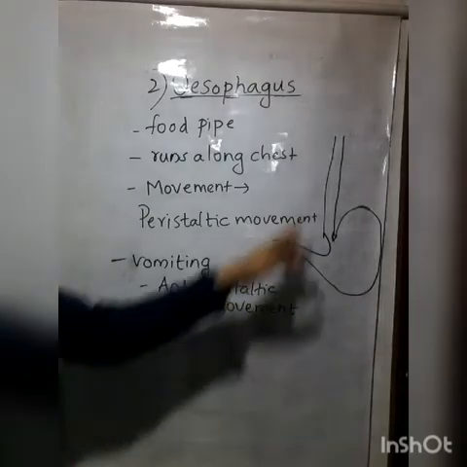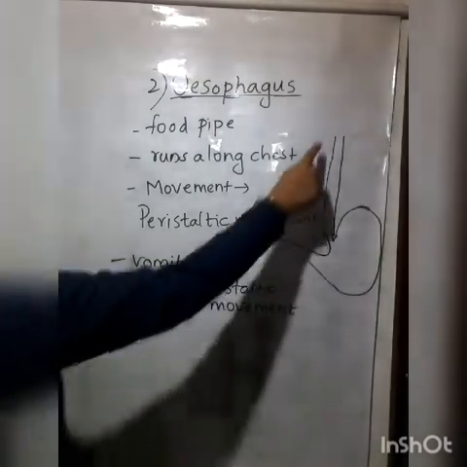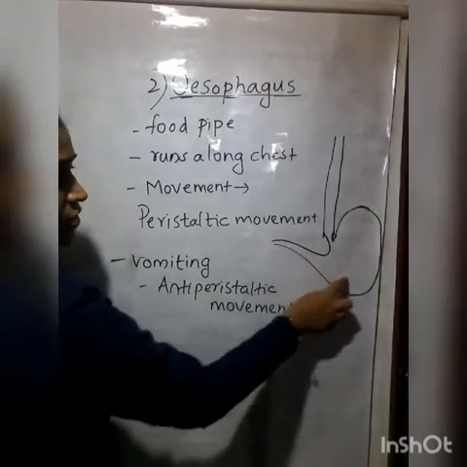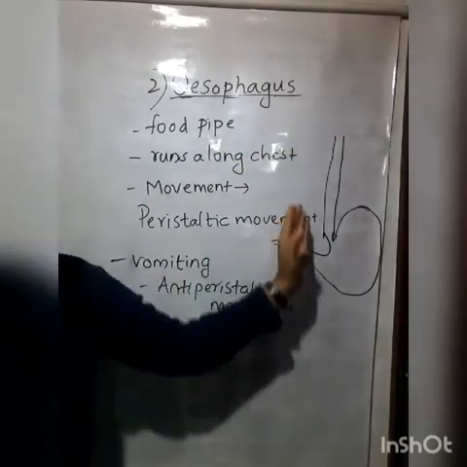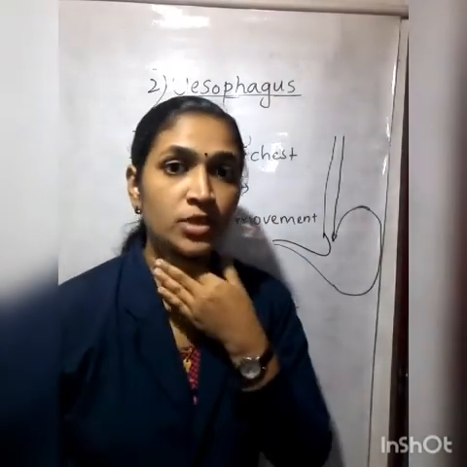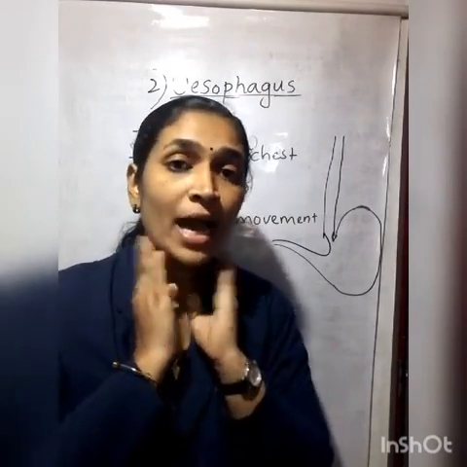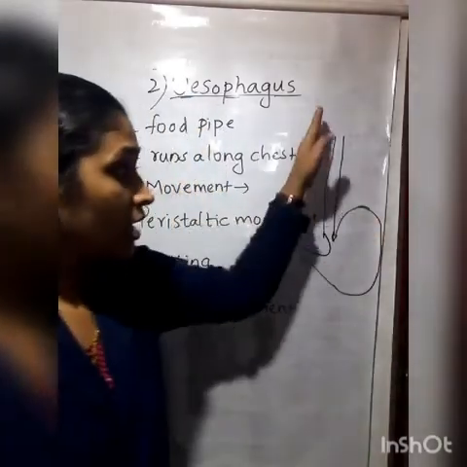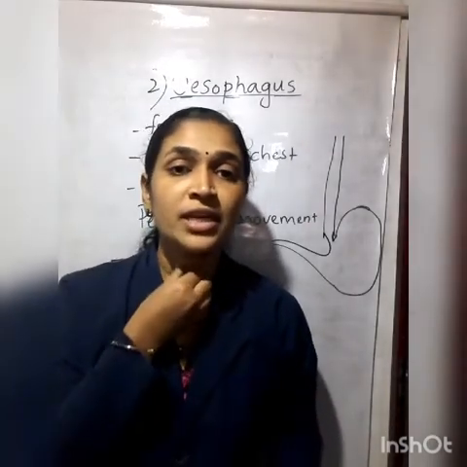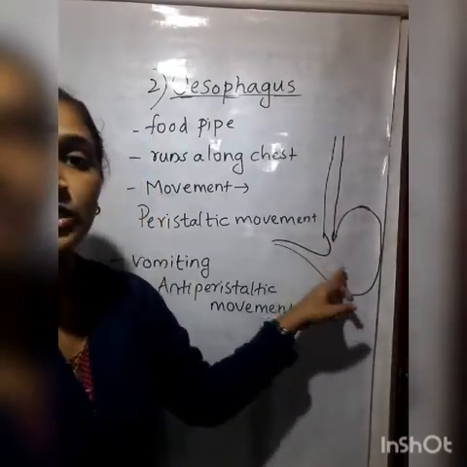Now you just see this. This is a rough picture showing our esophagus, and this is our stomach, isn't it? The esophagus is a pipe-like structure starting from the back of the buccal cavity, and it runs along the chest region and opens into the stomach.